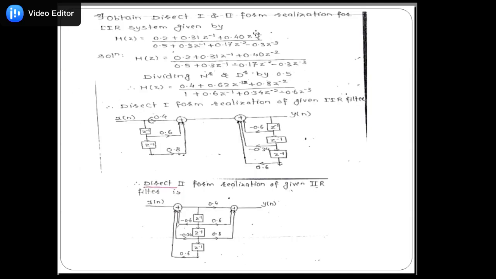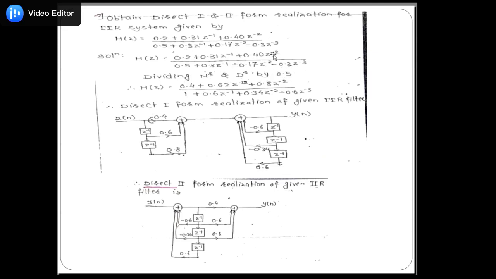Obtain direct 1 and direct 2 form realization for the IIR system given by H of z is equal to this equation, that H of z represents the term that is equal to Y of z divided by X of z, right? Dividing numerator and denominator by 0.5.